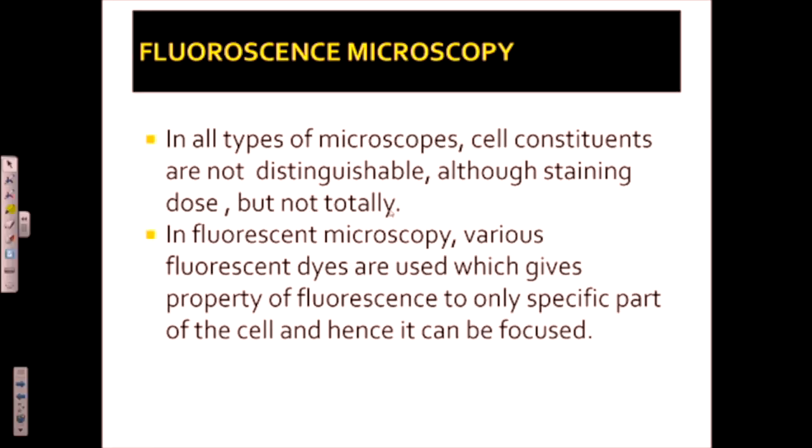Okay, so this is the most popular one. This is what we are always interested in: fluorescent microscopy. In all types of microscope, cell constituents are not distinguishable, and staining helps, but not totally. In this microscope, various fluorescent dyes are used, which give the property of fluorescence to only specific parts of the cell, and hence it can be focused.